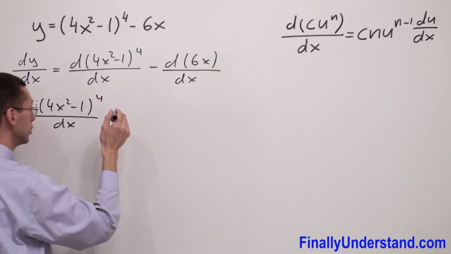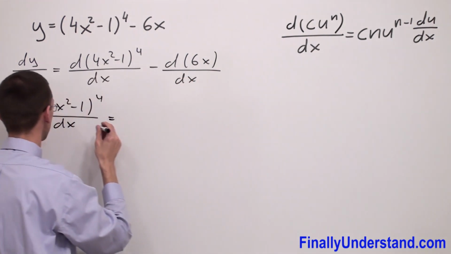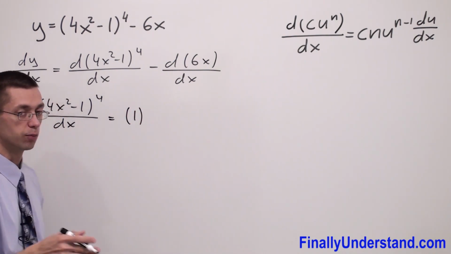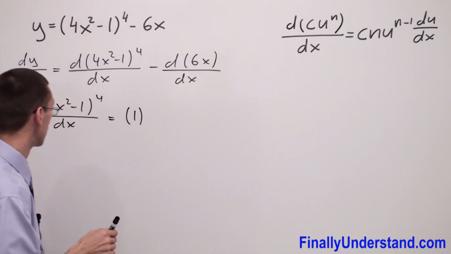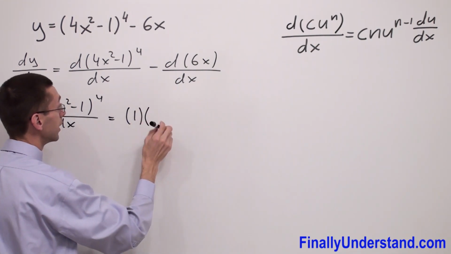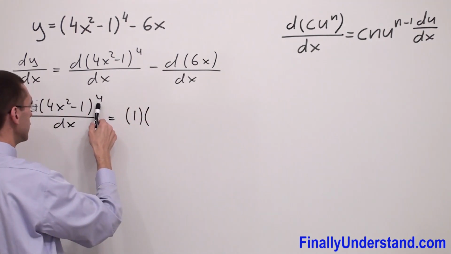Okay, so applying this rule, I'm going to have first the constant. So the constant is my invisible one. You don't have to write it, but at the beginning I'm going to write it, just to make sure that everybody understands what I'm doing. Next, I have to multiply that constant by the exponent. The exponent is equal to 4.